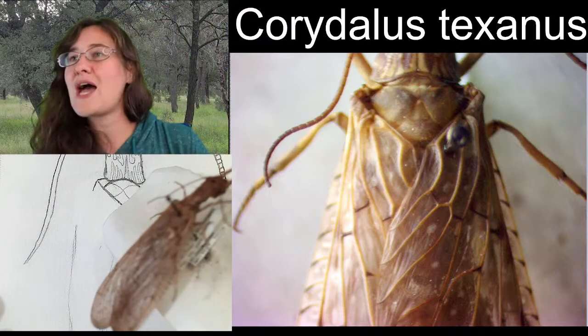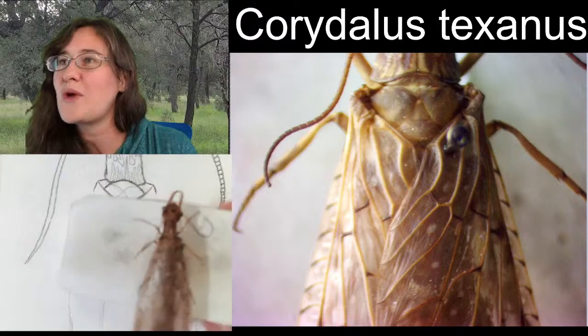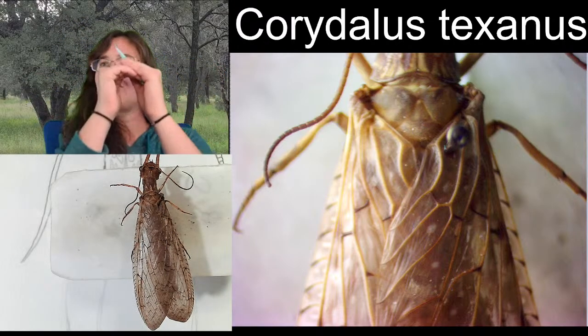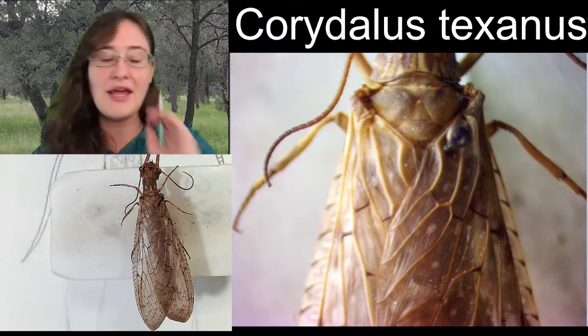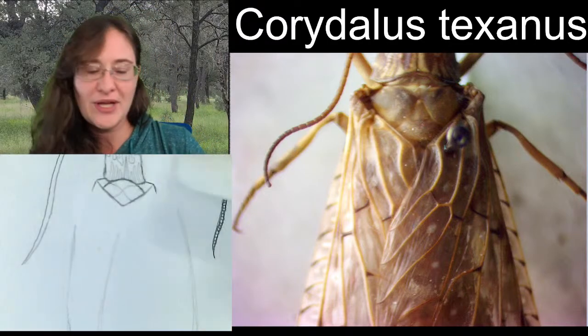So with our Dobsonfly, the different thing is that these wings are not flat. They're not sitting like this. The wings do curve around the body. And so that's one thing that I think was throwing off the size of my wings.